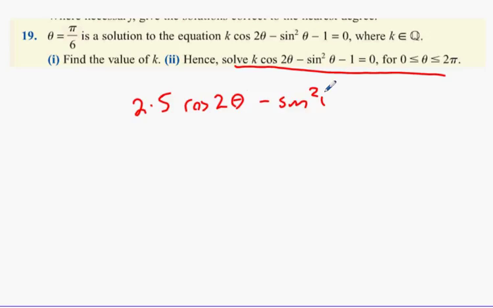Somebody tell me what are the 2 problems with this equation. What's the first problem? Check the angles, check the functions. If you got that, repeat that one more time. Check the angles, then check the functions. Check the angles first. How many different angles do we have? We have a 2 theta and a theta. Which one would you usually change? You usually change the bigger one, don't you? What can I change cos 2 theta into?